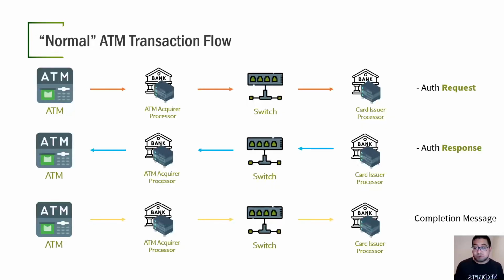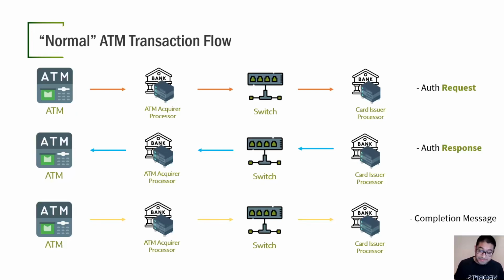Before that, we need to understand what a normal ATM transaction flow is. We will use this as an example. Maybe this will not be exactly the case, but we use it just for this purpose. The ATM will send an authorization request through the ATM acquirer processor, which will redirect to the switch, and the switch at the end to the card issuer processor. When the ATM tries to do an online transaction that requires an authorization request, the card issuer processor will answer with an authorization response, and that answer will be sent back to the ATM.